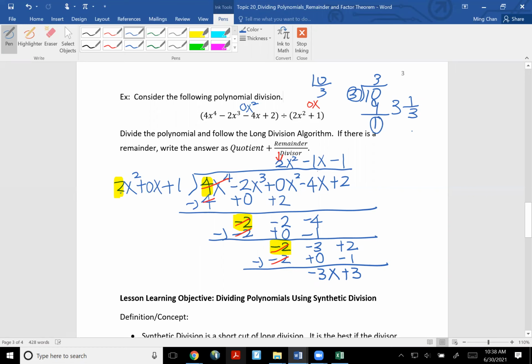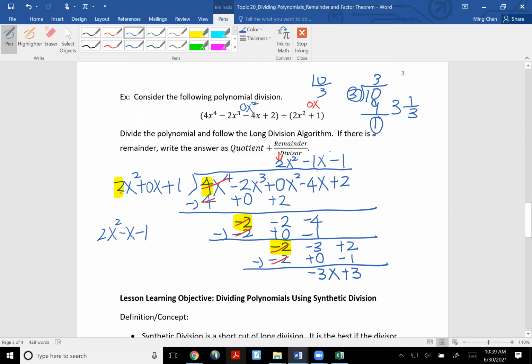So the way we write a mixed number answer after division is exactly what we're going to do here, except we're going to write a plus sign between the quotient and the fraction part, because a mixed number is always a whole number plus a fraction. So my quotient is 2x squared minus x minus 1, right?